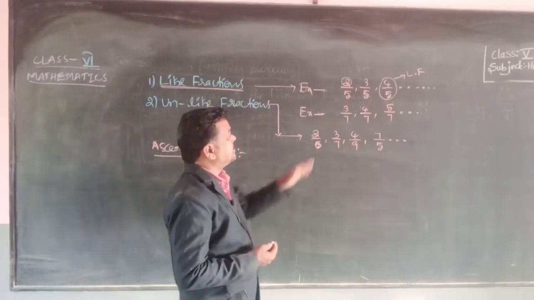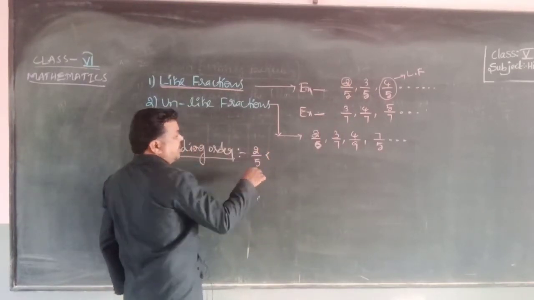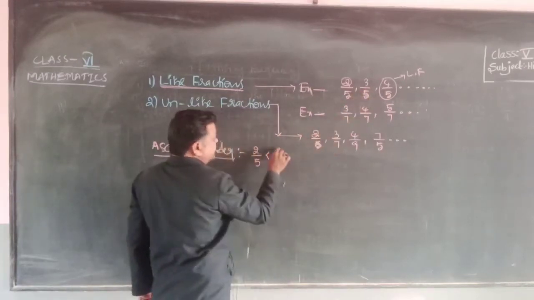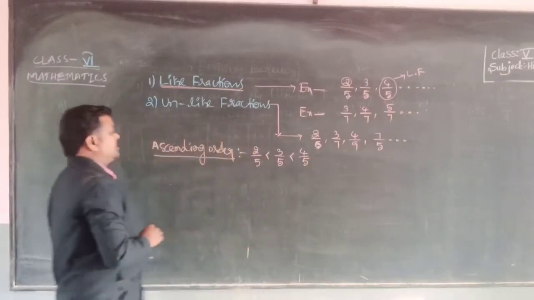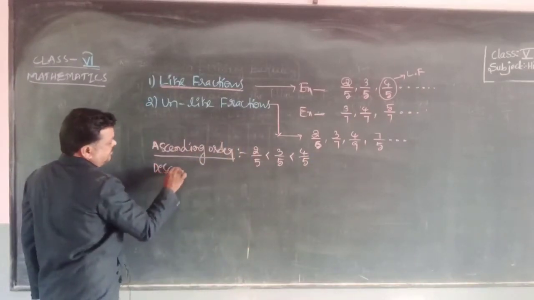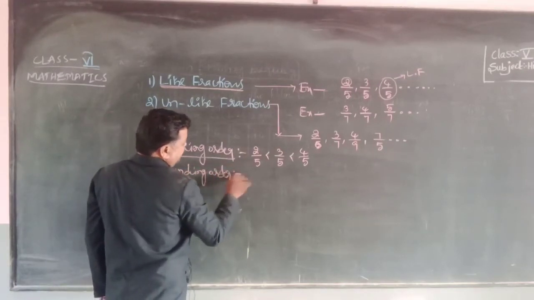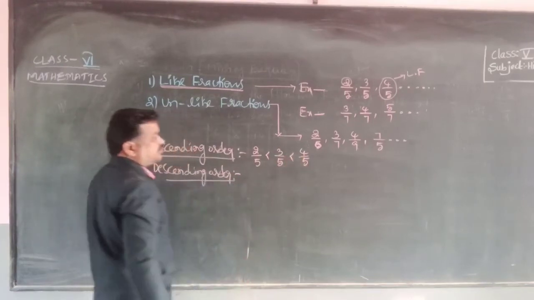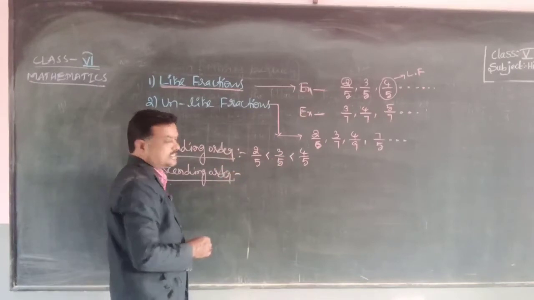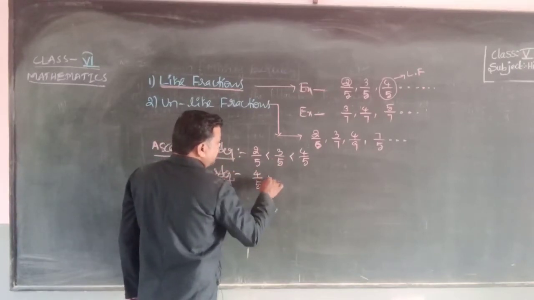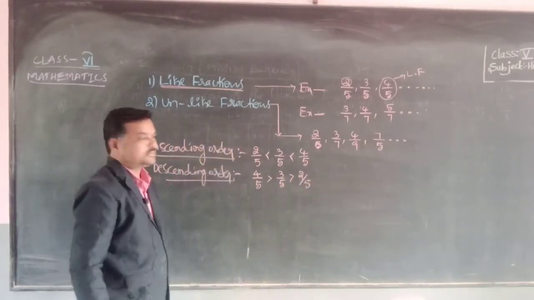The smallest fraction is 2 by 5, less than the next smallest fraction 3 by 5, which is less than 4 by 5. Next, descending order means from the largest fraction to the smallest. If you reverse the ascending order, you get the descending order: 4 by 5 greater than 3 by 5 greater than 2 by 5.